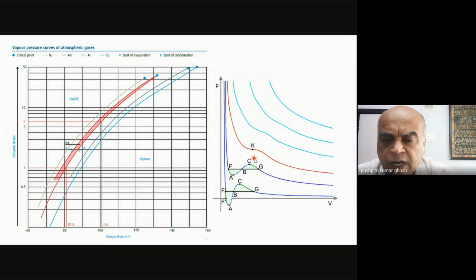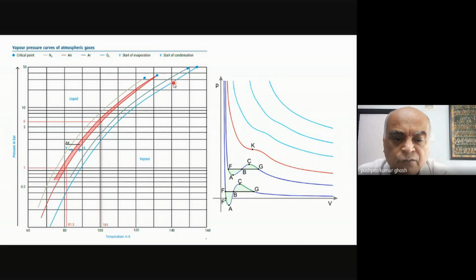And what we discussed is that to the left of this blue curve is liquid, to the right is vapor, and this is your two-phase region. So these points over here, the dots, are really the critical points. So what you're looking at is a plot which is when you go below the critical point. That's the plot shown here.